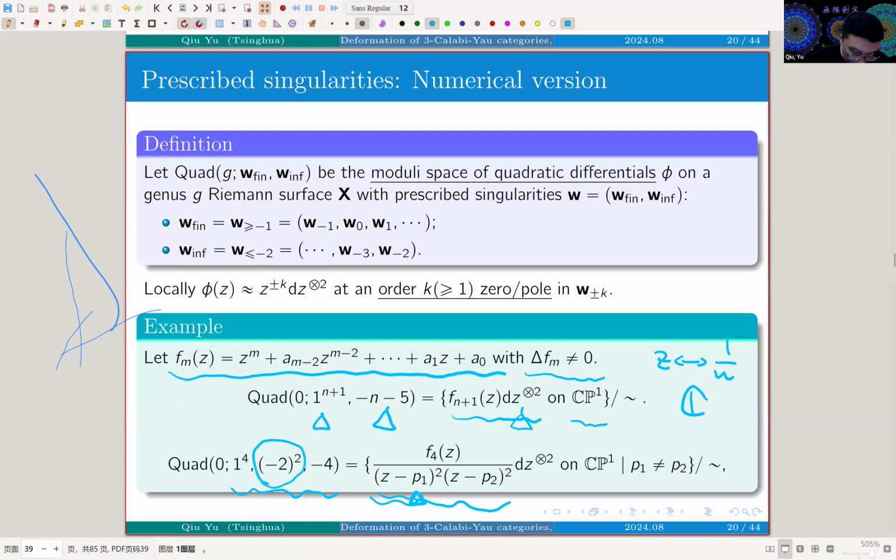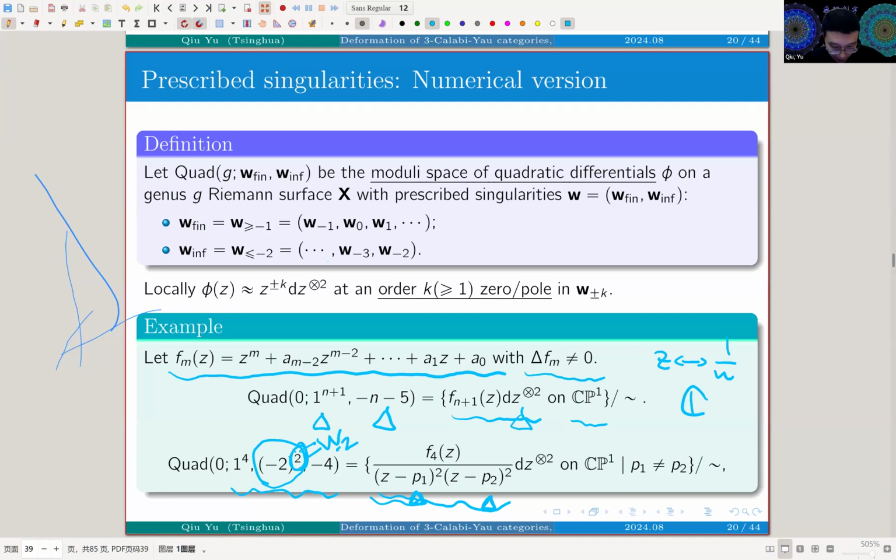So this -2 contributes to this order 2 pole. And P2 also contributes 1. So you have this 2 for this numerical data. So this 2 is w_2, the w_{-2}. Yeah. So that's the kind of quadratic differential we want to study.